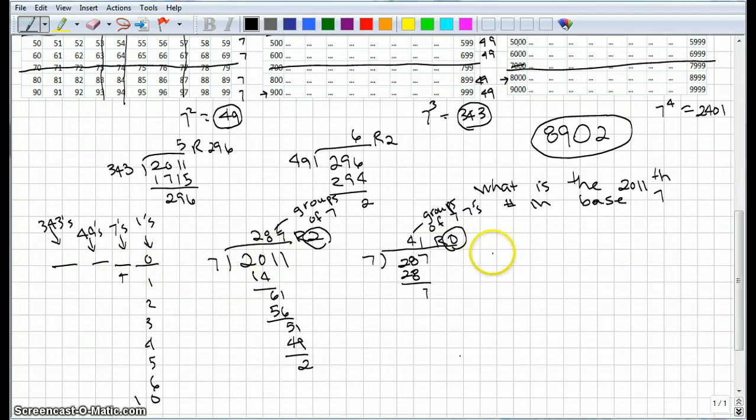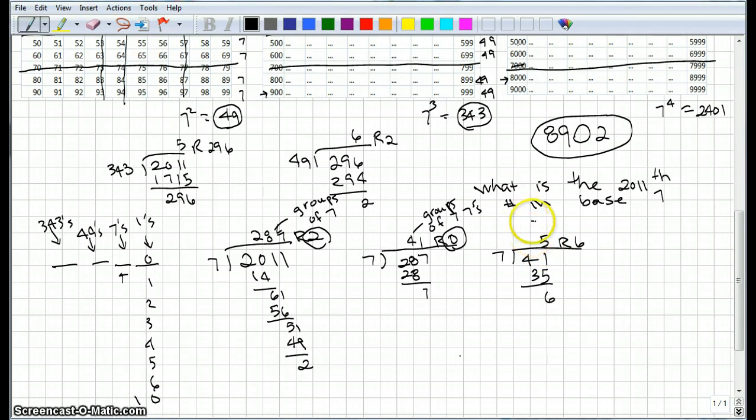All right, so then let's take 41 and divide it by 7, and that just gives us 5 with a remainder of 6. All right, so we'll have 5 groups of 7 49s.